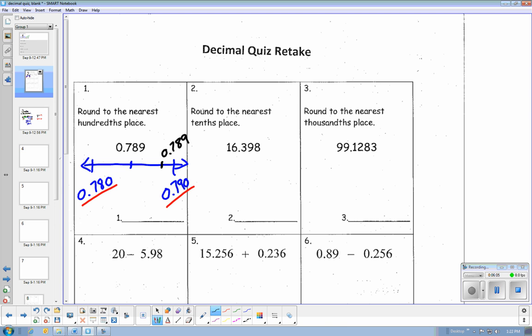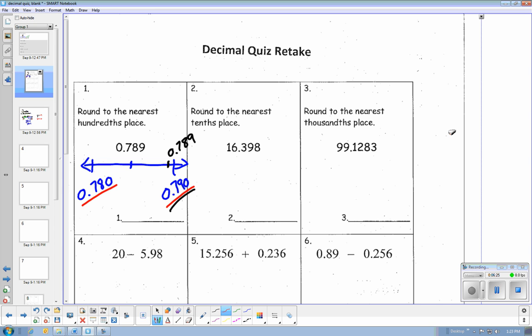It's very, very close. It's probably closer than that to the 790 thousandths. So I can't help myself, I have to move that over. So clearly this is going to be closer to 790 thousandths.